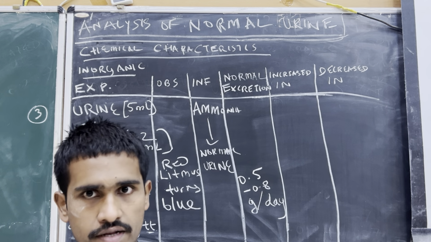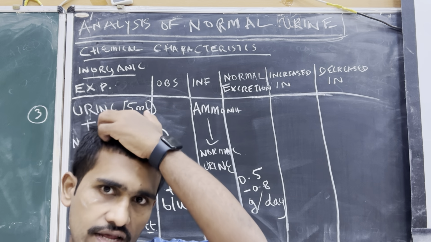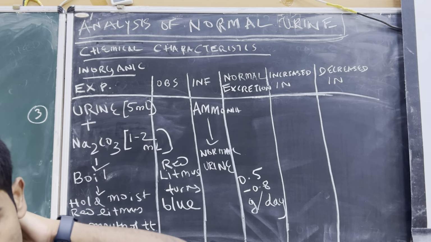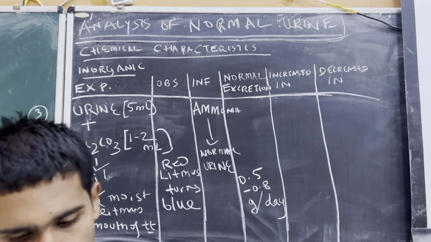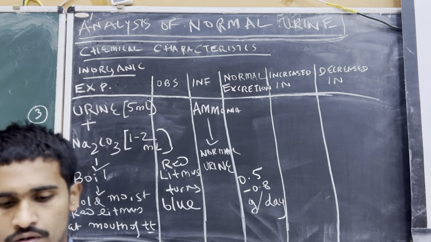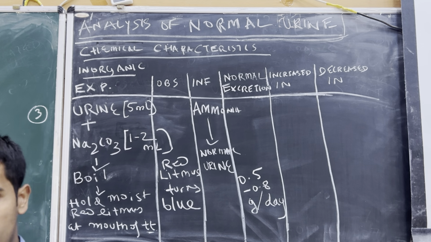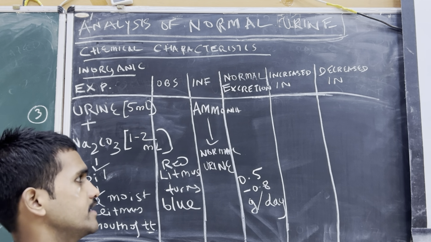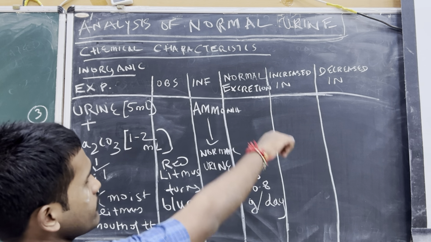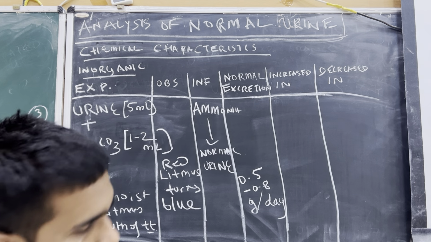This is the normal urinary excretion of ammonia, 0.5 to 0.8 grams per day. And where does this come from? This comes from glutamine and the other amino acids in the kidney. So now finally, which conditions increased, which conditions decreased?